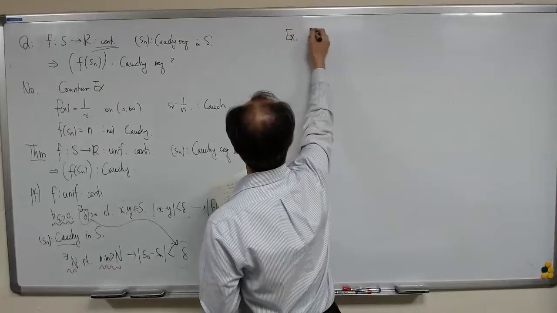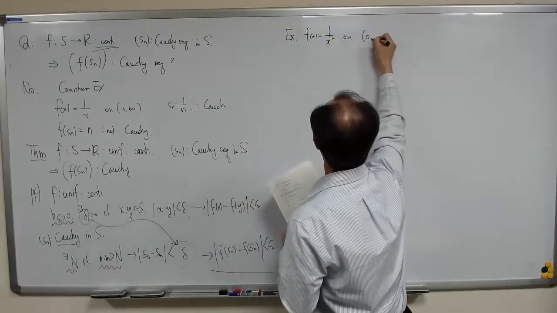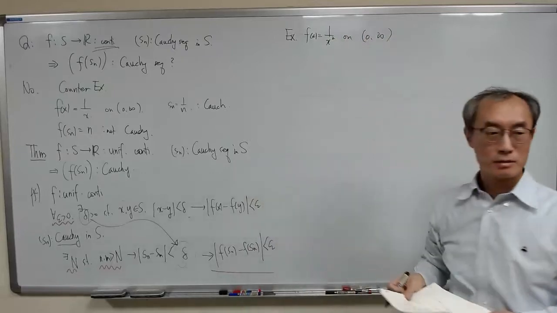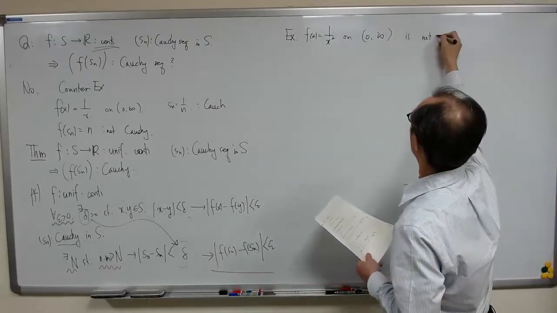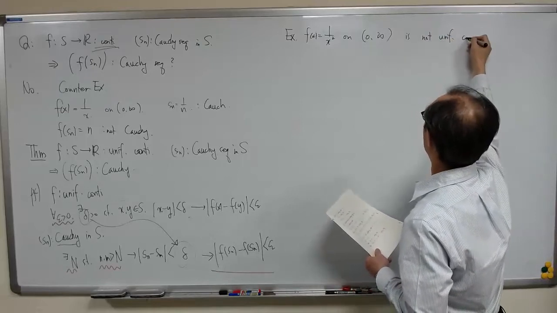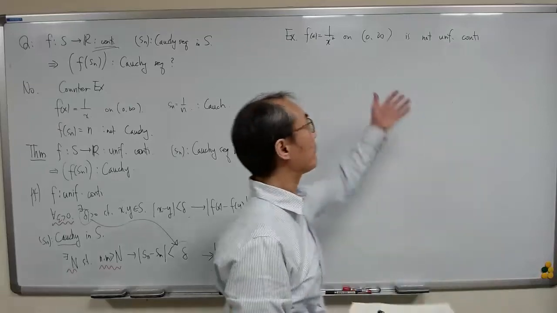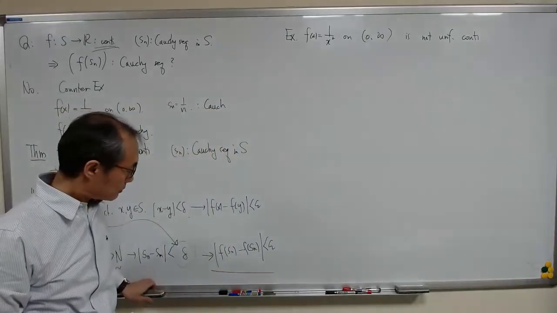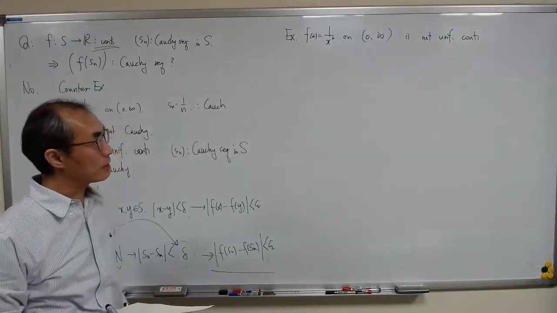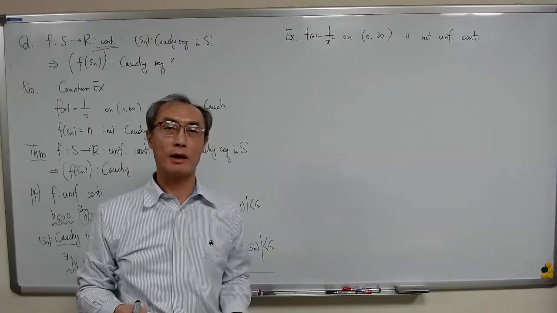And the function in the previous example is not uniformly continuous. We have verified this non-uniformity. This function is not uniformly continuous by using its original definition, epsilon and delta.